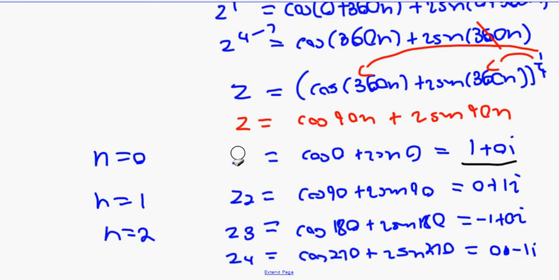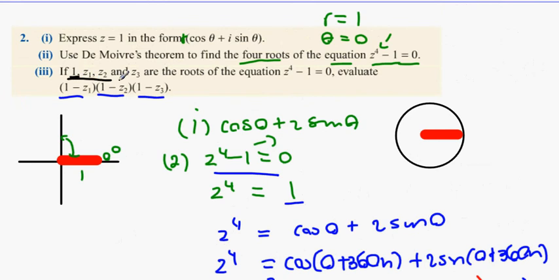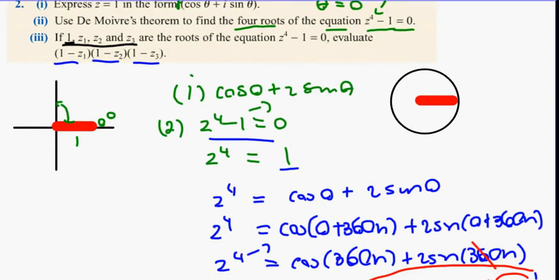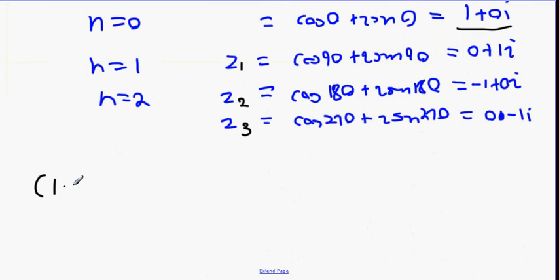This one is actually called Z1 in the question. The only reason I know that is because it says in order, 1, Z1, Z2, Z3 are the roots. So what we're going to do is 1 minus Z1, 1 minus Z2, and 1 minus Z3.